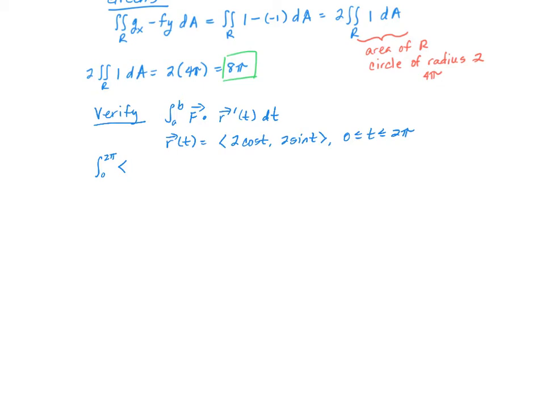Looking at my curve, the first component represents the x, second component represents the y. So negative y would be negative 2 sine. And then x is just 2 cosine. I'm going to dot it with the derivative of r, which would be negative 2 sine, comma 2 cosine, dt.